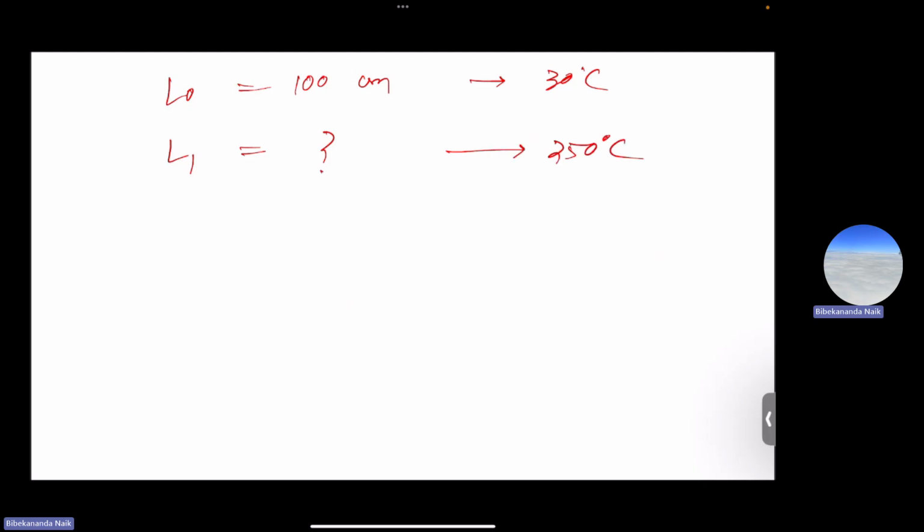So what is delta T? Delta T is 250 minus 30, equal to 220 degree centigrade.